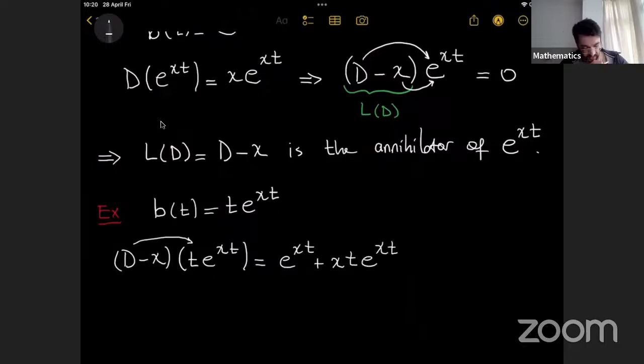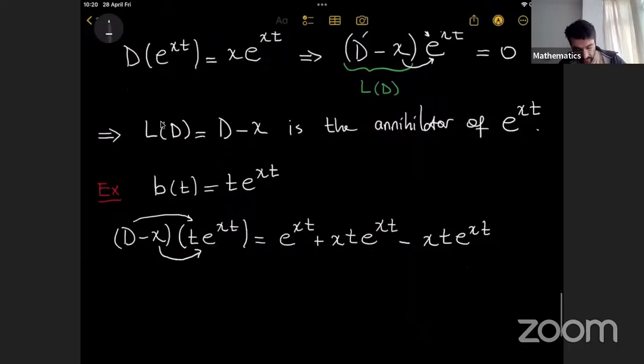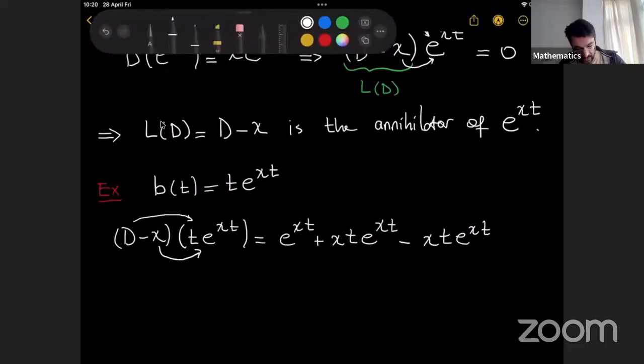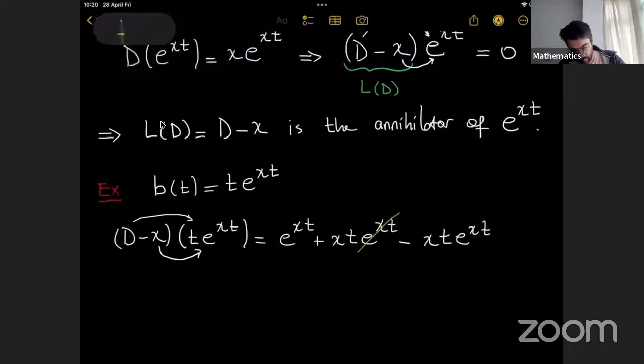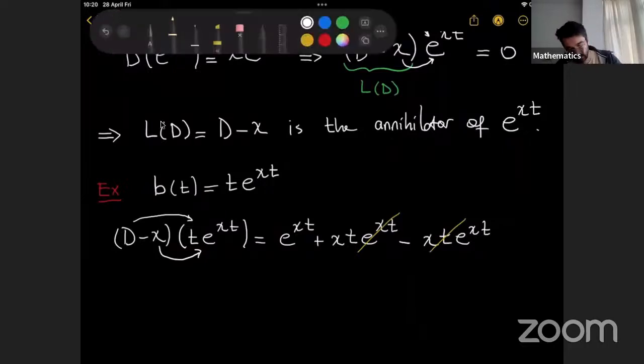This is the derivative of the function, minus lambda times, so you apply this now, lambda times t times e to the lambda t. Okay. Let's see what we get. We have a cancellation. This is nice. Cancellation. And what remains here? e to the lambda t.